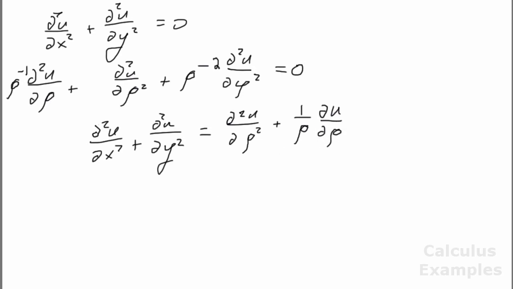I'm not sure why there's a 2 there. Interesting. Plus, finally, 1 over rho squared, second partial of u with respect to phi.